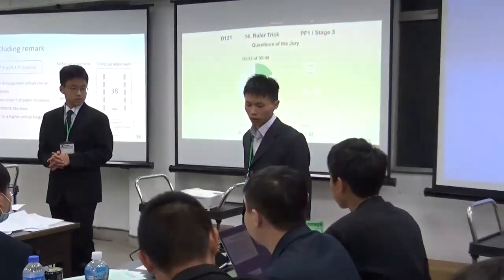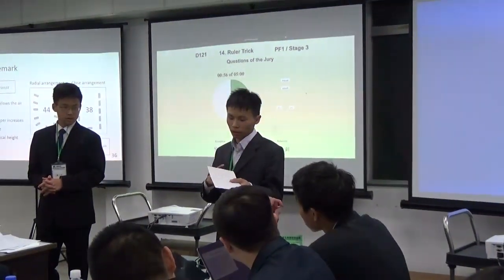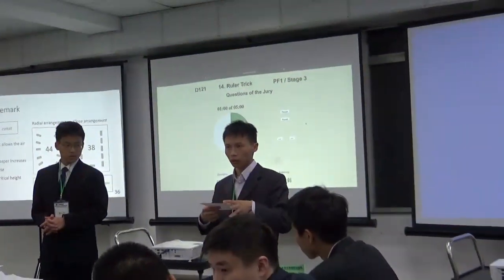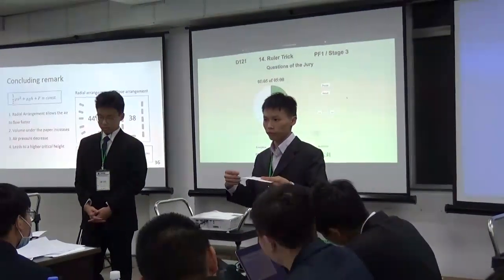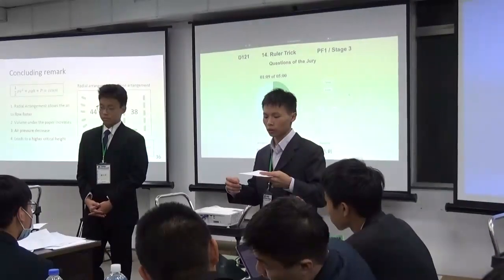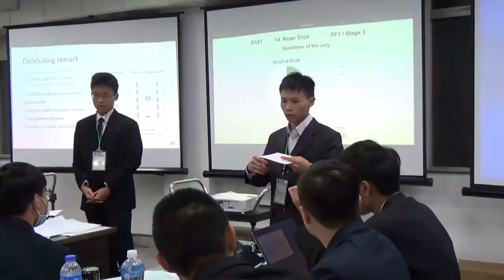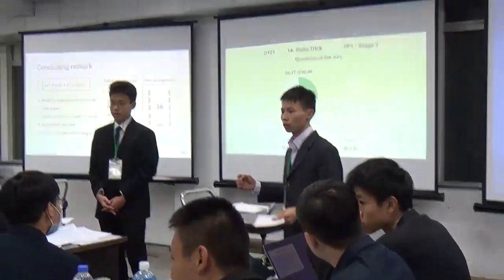I think when we change to this kind of paper, it's harder to deform, so the variation of air pressure won't be very big. So I think it's easier for the ruler to flip.